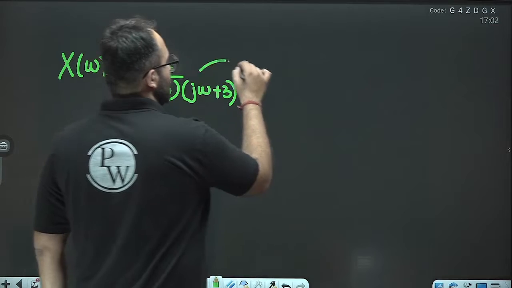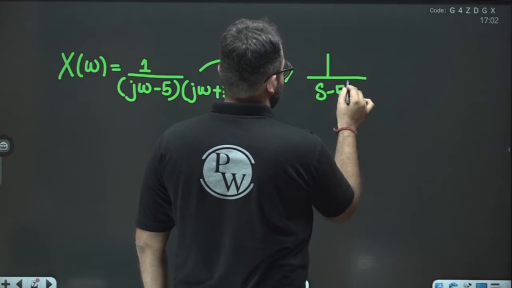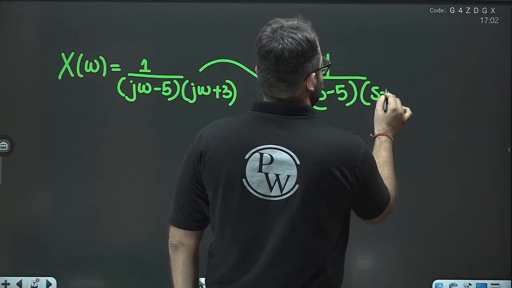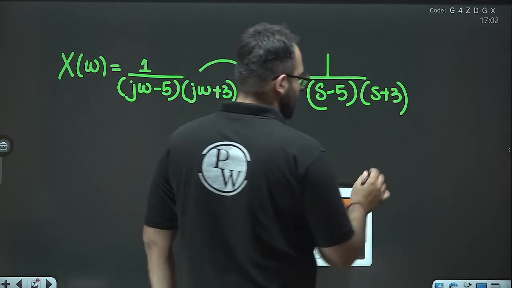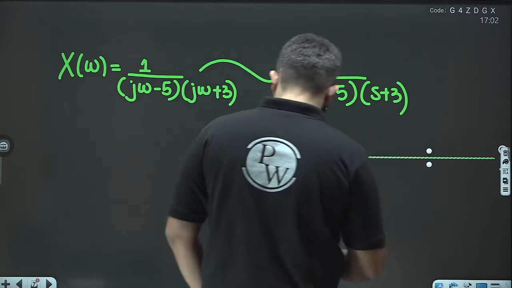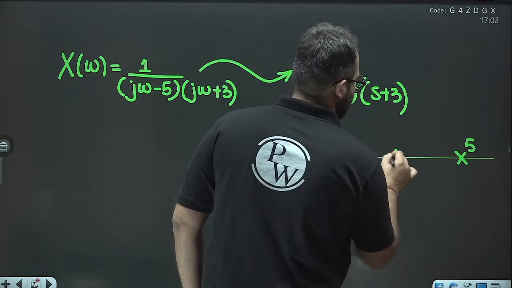So we'll convert this into Laplace: 1 upon s minus 5, s plus 3. Now we can see that there are two poles, one at 5, one at minus 3.